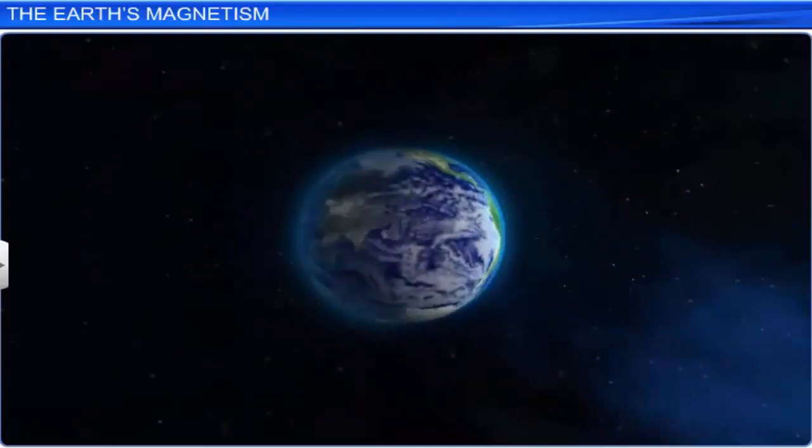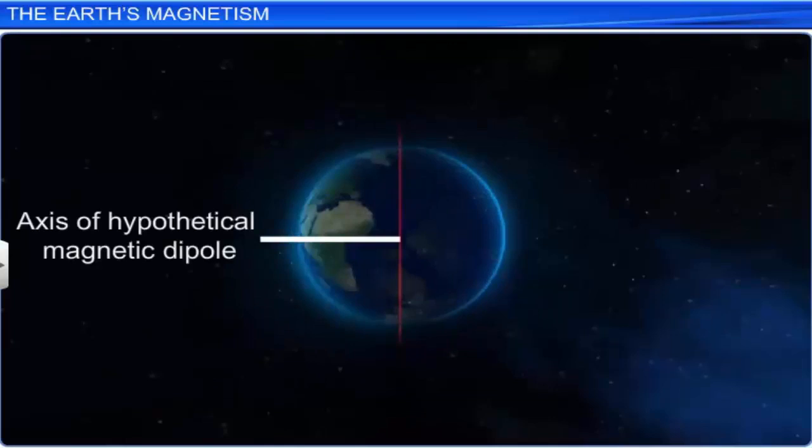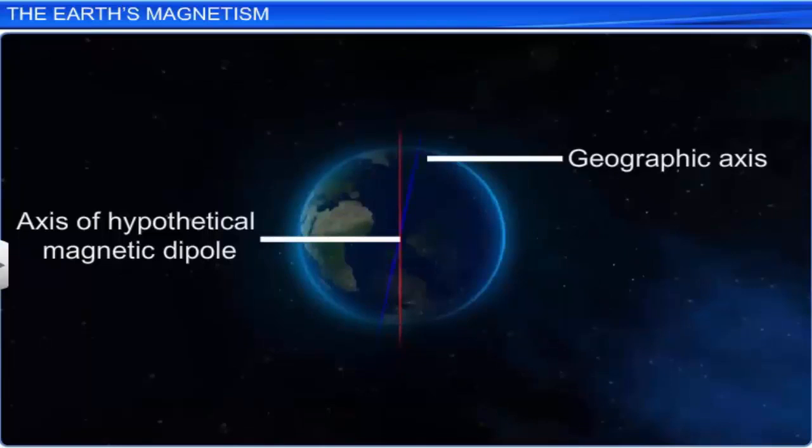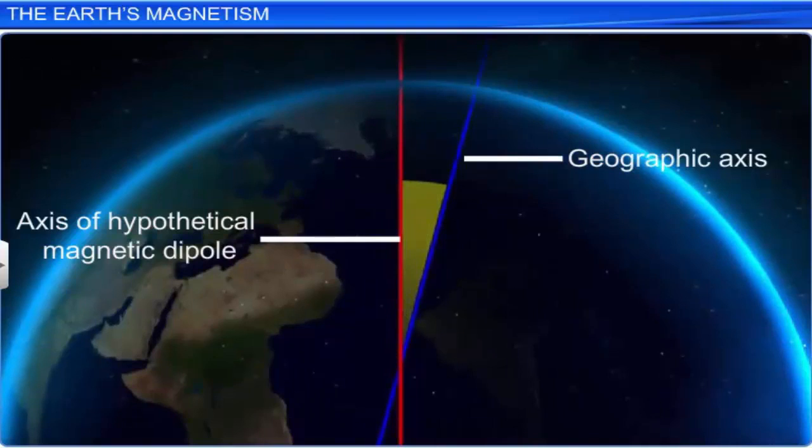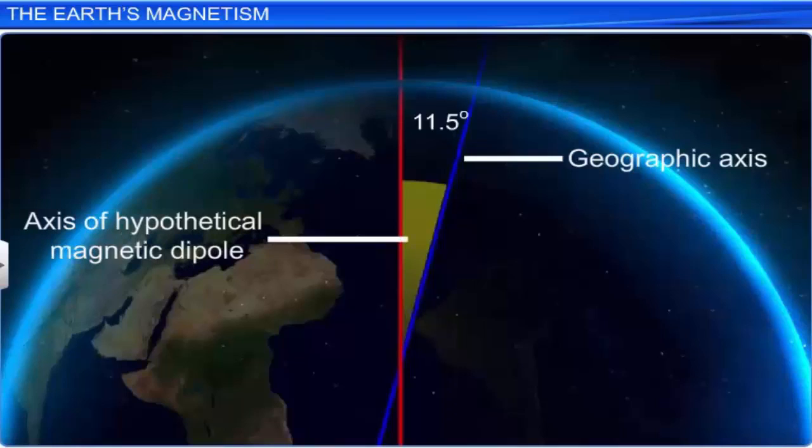However, the axis of the hypothetical magnetic dipole assumed at the center of the Earth does not coincide with the geographic axis of the Earth, about which it rotates. The angle between the axis of the dipole and the geographic axis of the Earth is approximately 11.5 degrees.